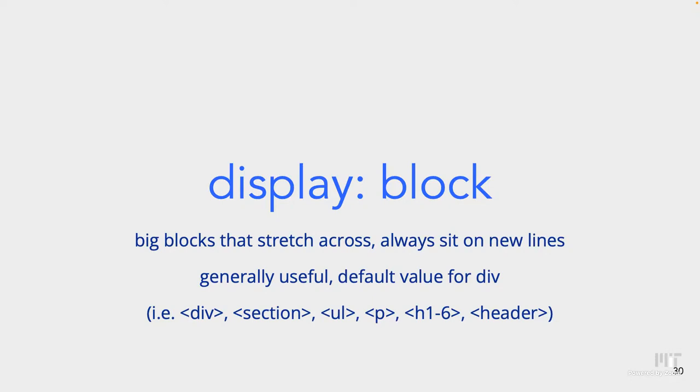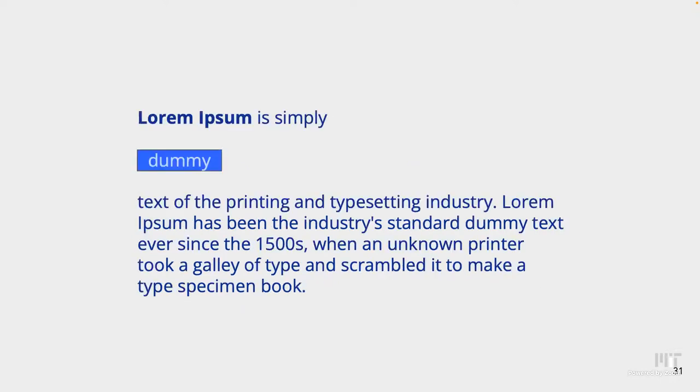And when you have an element that's displayed as a block, it is just a block that stretches across the entire width of the parent element that contains it, which means it always sits on its own line. And this is usually useful. If we look at this example here, imagine we have some dummy block sitting within text.